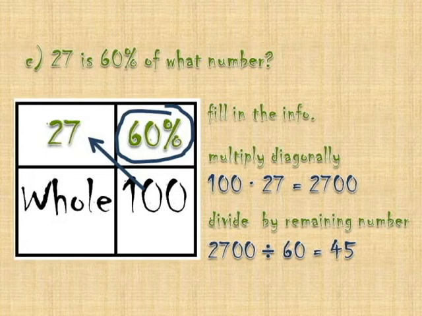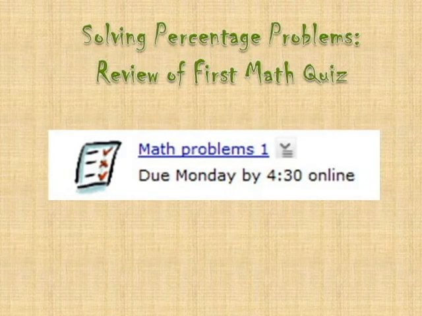Now, by this time I've forgotten what question I was trying to answer, so let's go back and ask the question again. 27 is 60% of what number? Of 45.